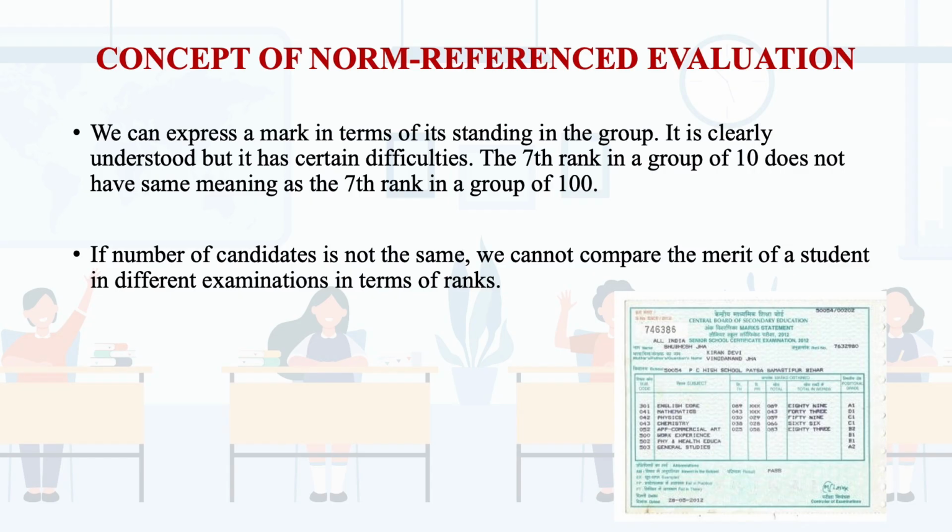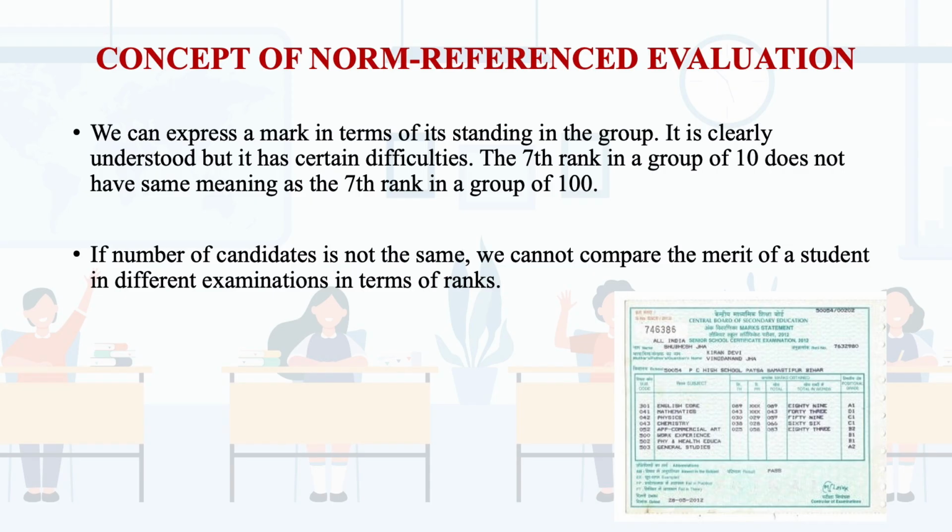In a group of 100, the 7th rank you can say is a good performance, but in a group of only 10, the 7th rank student is just occupying the 7th position in order of rank. After that, you will find only three ranks, that is 8th, 9th and 10th. So if the number of learners in both the groups is not the same, then it is difficult to compare.